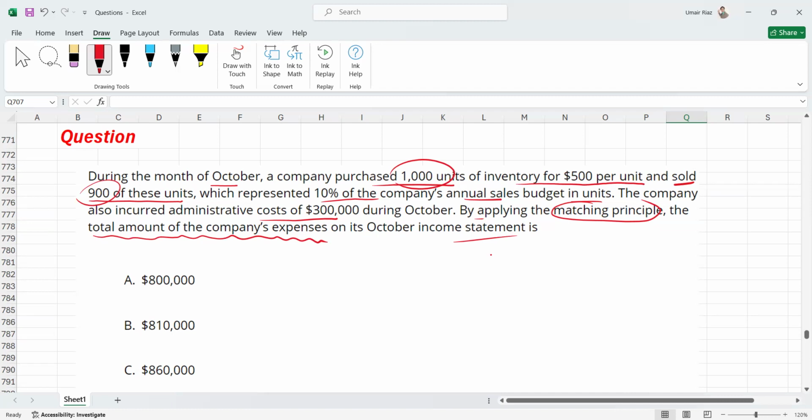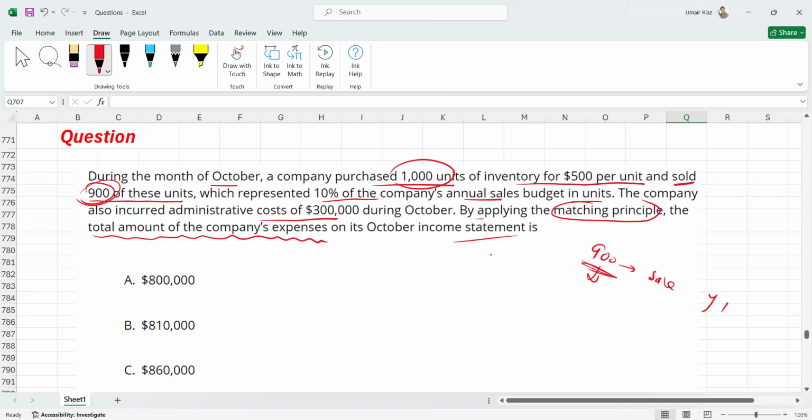If I'm recording the sale of 900 units, all related expenses I have to record in the same accounting period. For example, if the sale is recorded in year one, all expenses related to this revenue will be recorded in the same accounting period. This is called the matching principle.